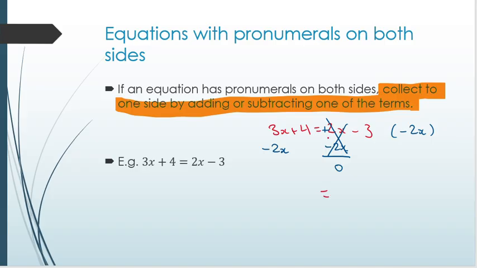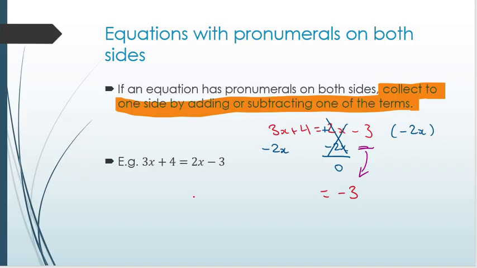Now, whatever I'm left with on the right side of the equation, I am going to write that down. In this case, I have this minus 3. I'm just going to bring it down here. Now, the next tricky thing is figuring out what I have left over on the left side of the equation. I have 3x minus 2x.